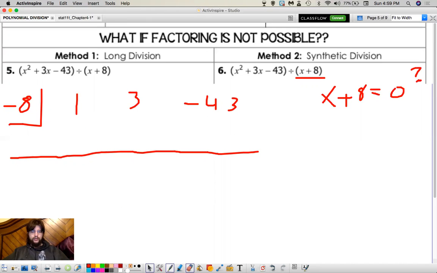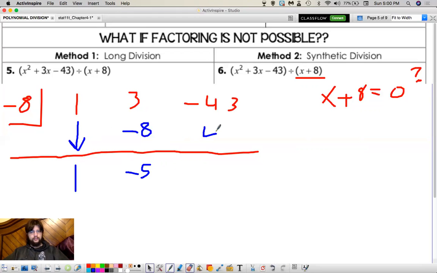So here is the process for synthetic division. You write out whatever makes your divisor 0, separate that, and write down the coefficients of your dividend. The first step is always bring down the first number here. Then we multiply the number in the box times whatever's down here. Then we're going to combine these two. 3 and -8, that makes a -5.